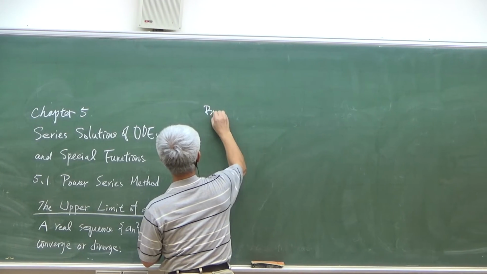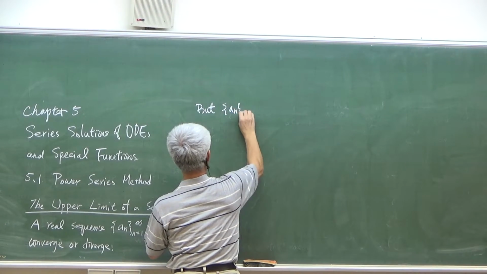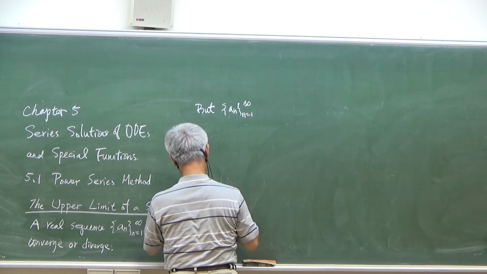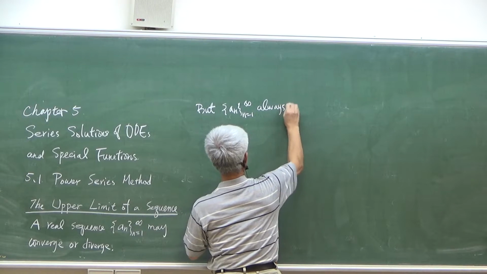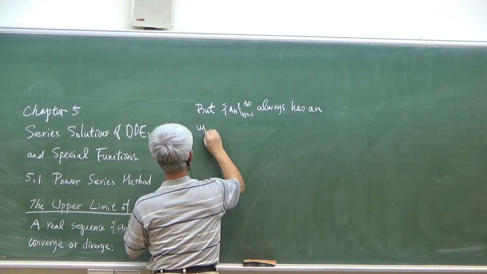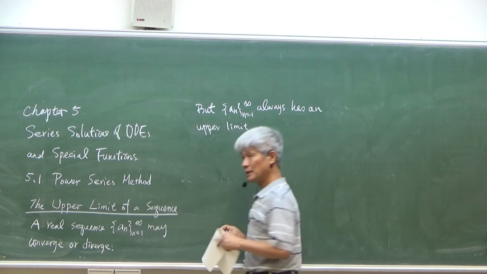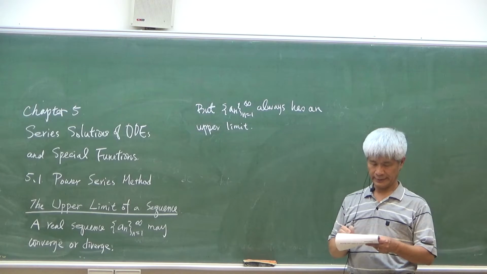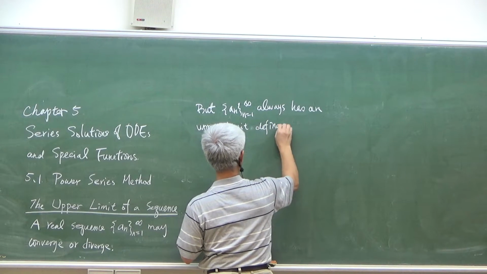But a sequence always has an upper limit. So the upper limit always exists. And so that is very useful.